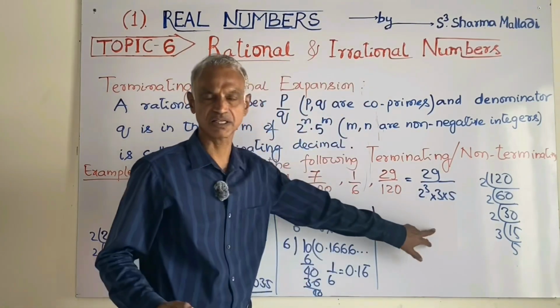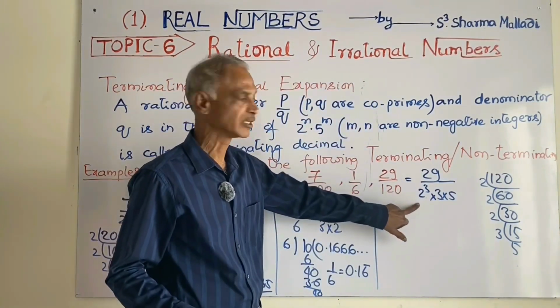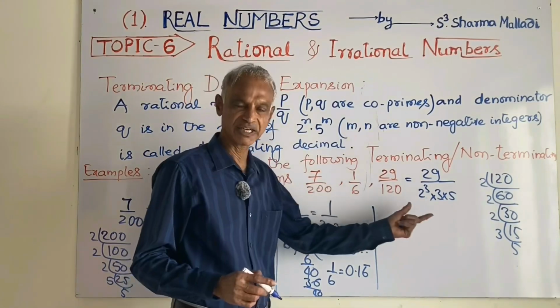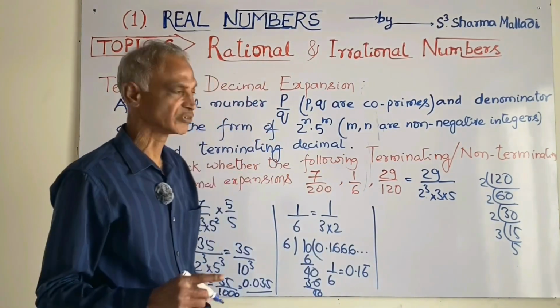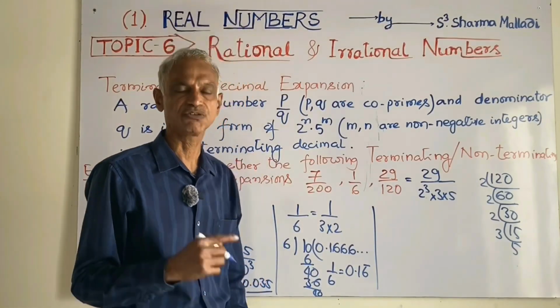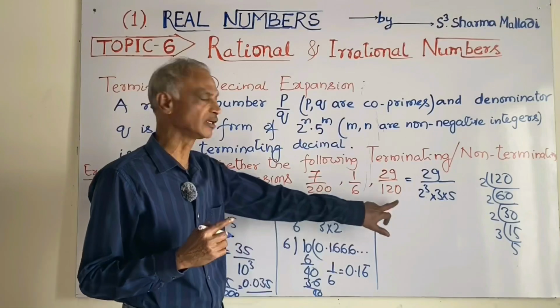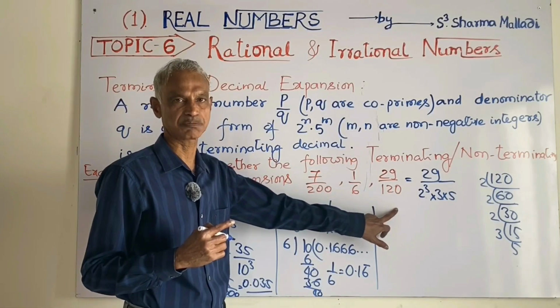Even though 5 and 2 are there, there is 3 in the denominator. That's why the denominator is not in the form of 2 to the power of n into 5 to the power of m. That's why it is not terminating decimal expansion.